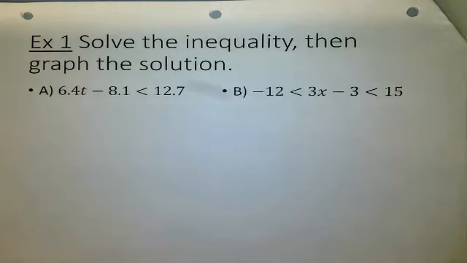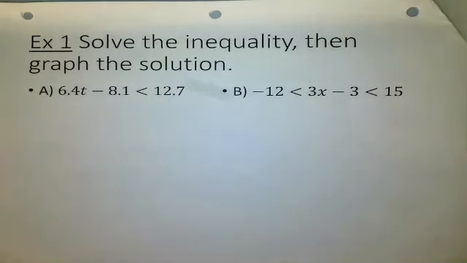Graph the solution on the problems that you need to graph. It is a simple number line graph, a horizontal number line, and I will model that, of course. We have 6.4t minus 8.1 is less than 12.7.